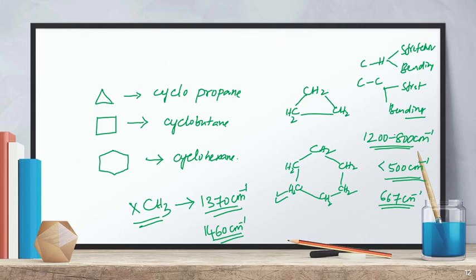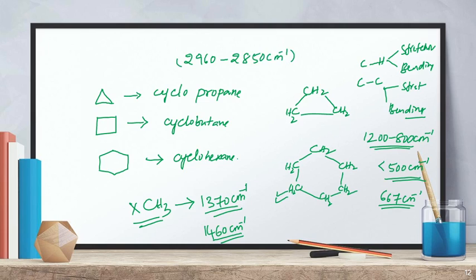Okay, right. As in the case of acyclic saturated hydrocarbon, that is alkane, the CH stretching vibration will be the same for cycloalkanes also. Because for CH stretching vibration, for the case of alkanes we are having 2960 to 2850.